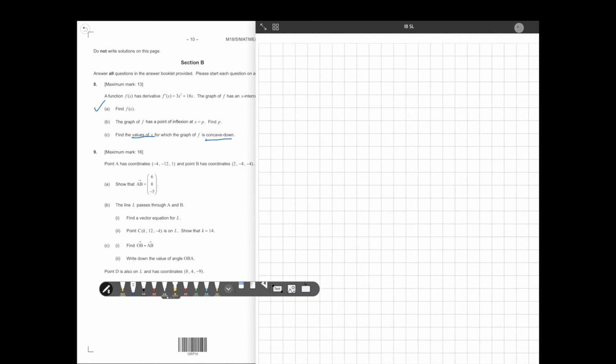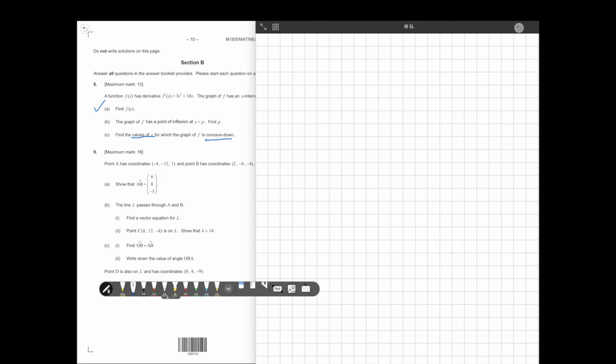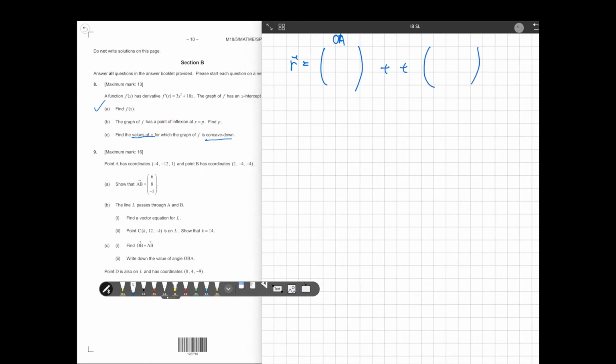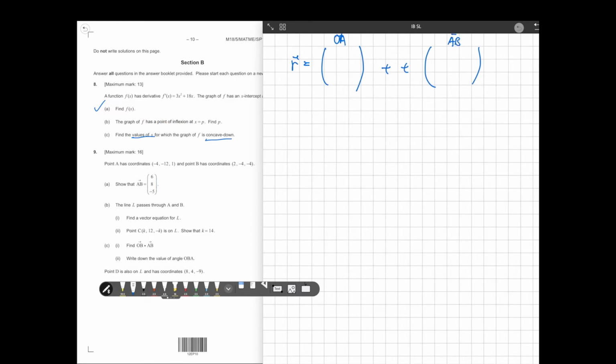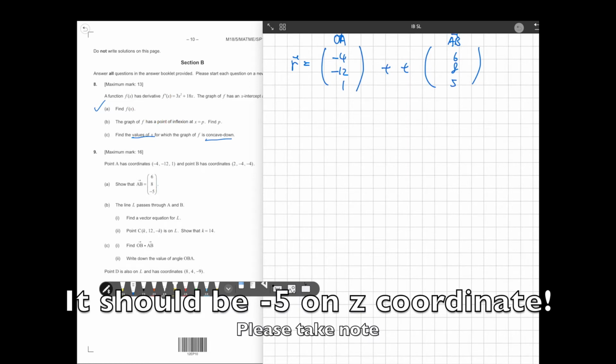And then, so what is r? We have to find r. So r will be just equal to a plus td, right? So that is OA plus t, and then AB is the direction, td. So we have -4, -12, 1, and then 6, 8, -5.